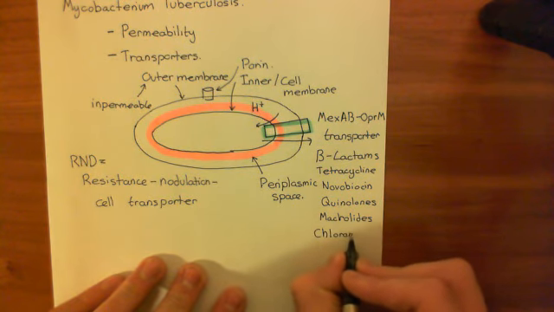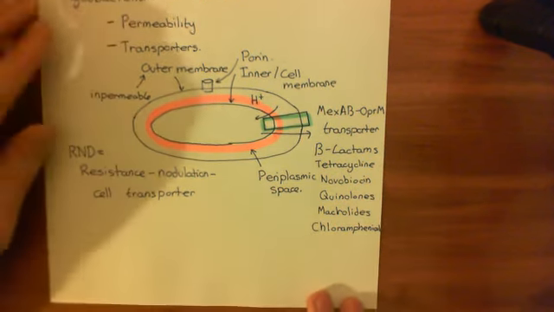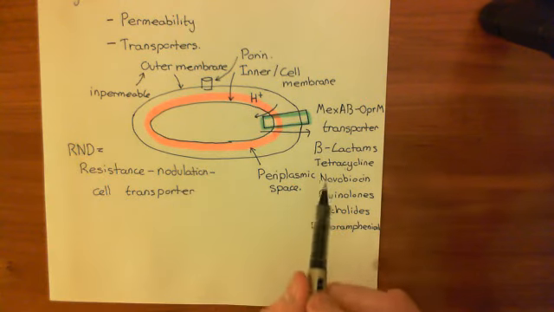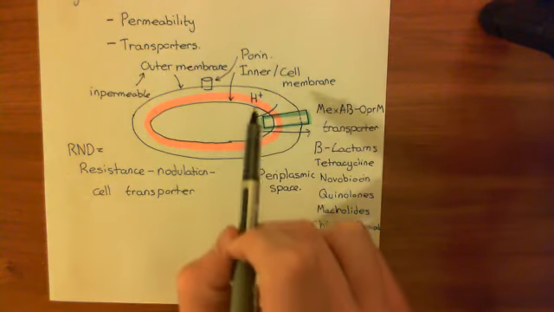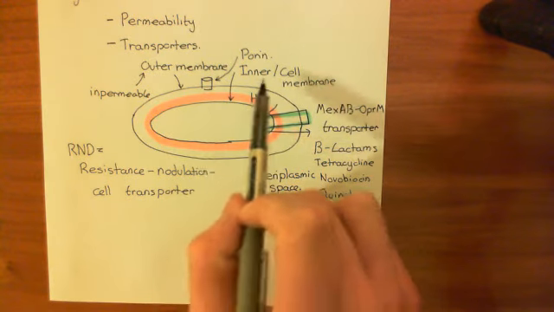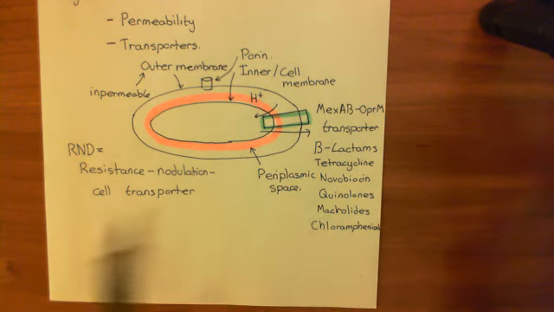So it transports out a huge number of drugs, which means that if our drug molecules finally do fight their way into the cytoplasm through the outer membrane, then through the cell wall, then through the inner membrane, they're going to be chucked out again.